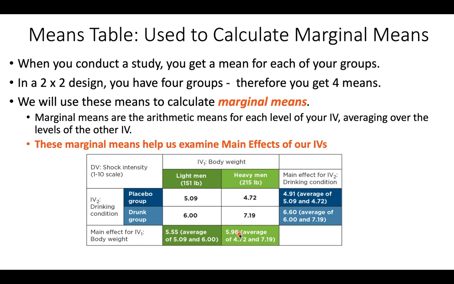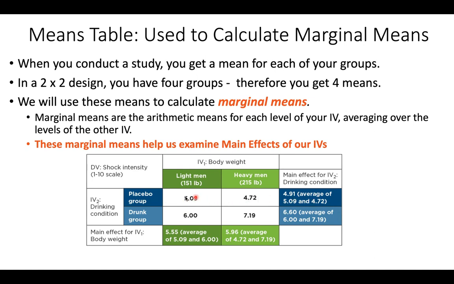So if we want to assess the presence of a main effect of body weight, we compare these two numbers, 5.55 and 5.96, because 5.55 is light men regardless of drinking condition and 5.96 is heavy men regardless of drinking condition. That's the exact question we want to answer for the main effect of body weight: is there an effect of body weight regardless of drinking condition, not considering drinking condition?